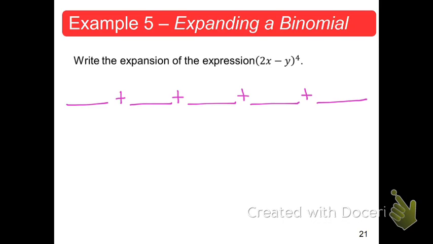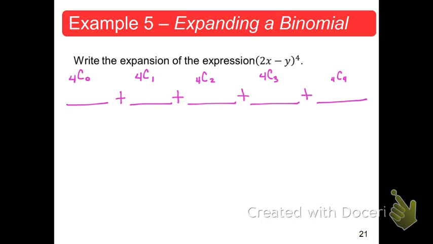So what is my exponent? It's a 4. And so for this first blank, I'm looking for term number what? A sub 0. And then this one would be 4C, what? A sub 1, 4C2, 4C3, and 4C4.